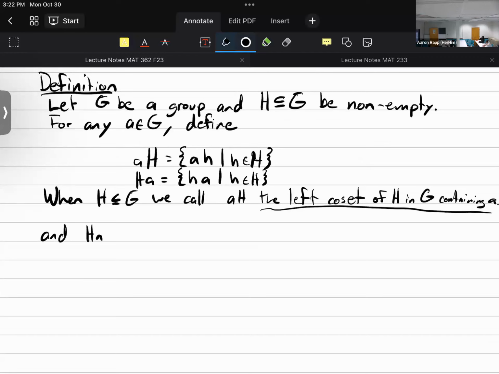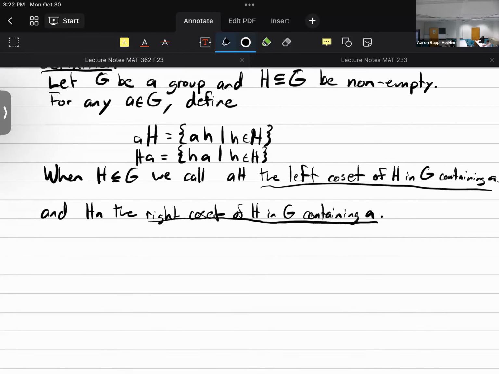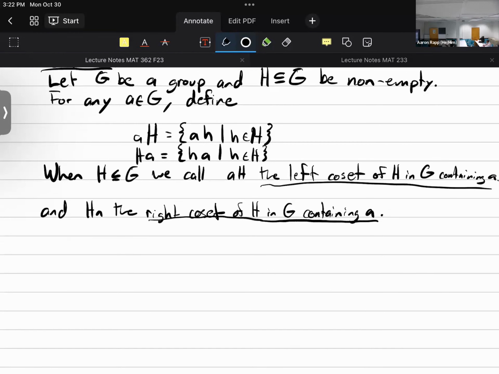We call Ha the right coset of H in G containing a. So commonly we'll just shorten the term. You say right coset or left coset.